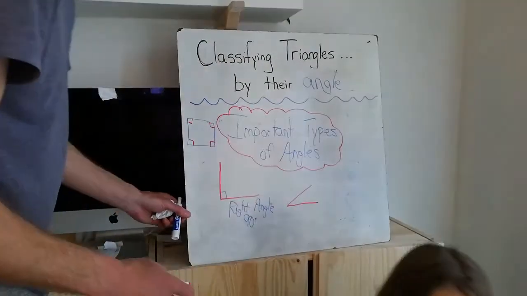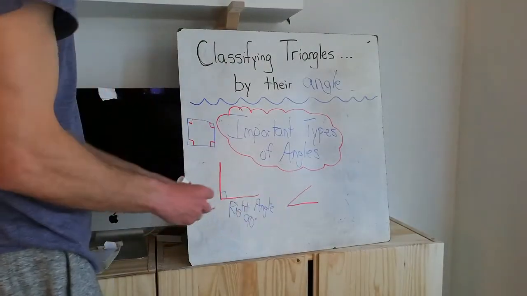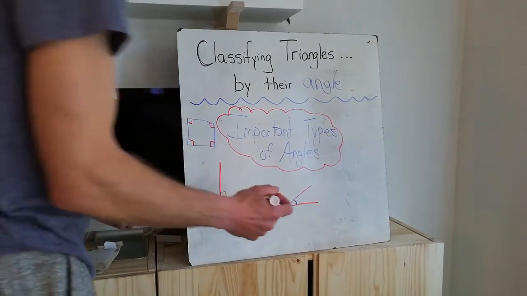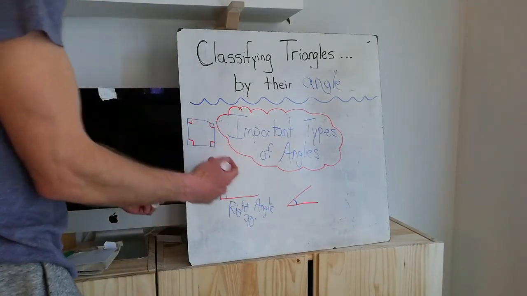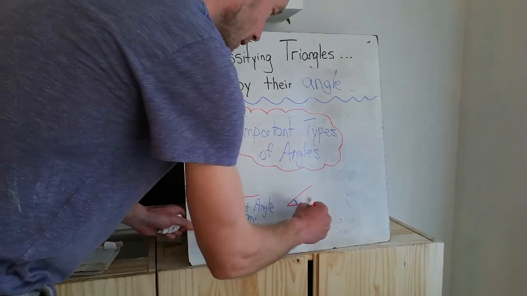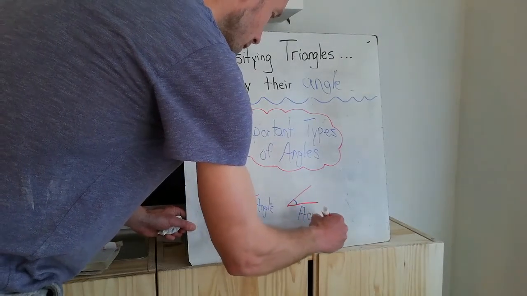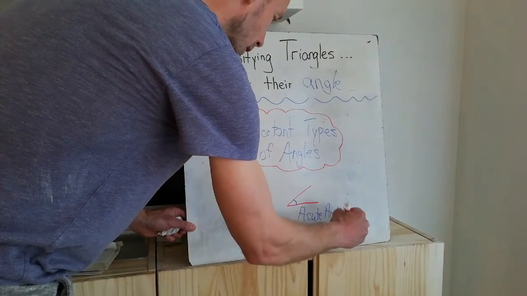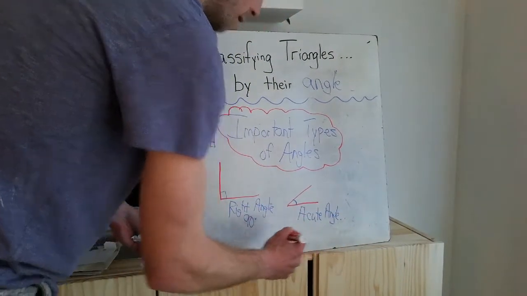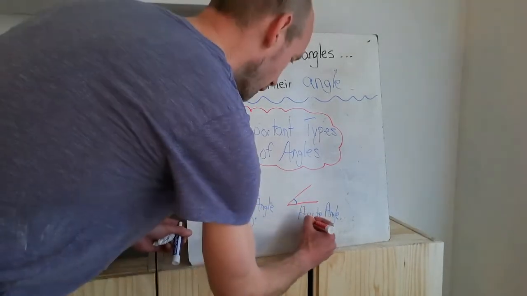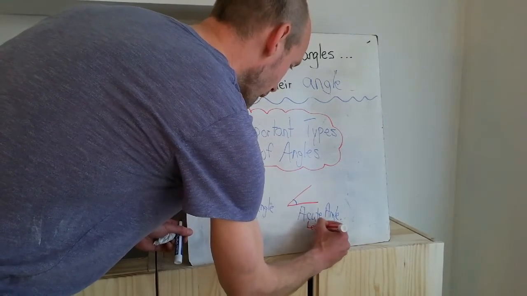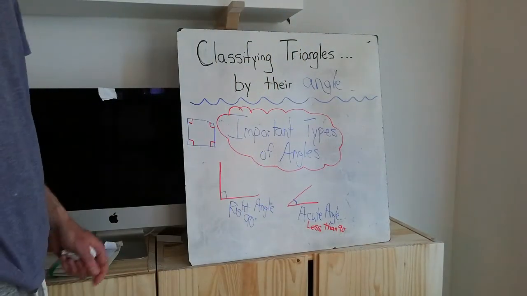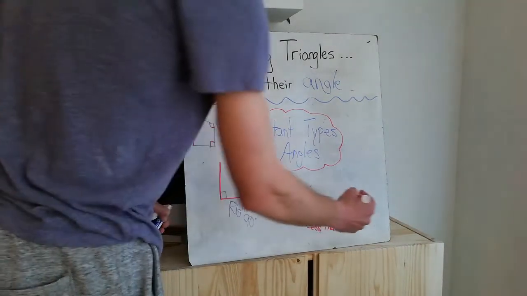So anything less than 90 degrees, so anything from 0 degrees to 89 degrees is referred to as an acute angle. Okay, so basically an acute angle is less than 90 degrees.